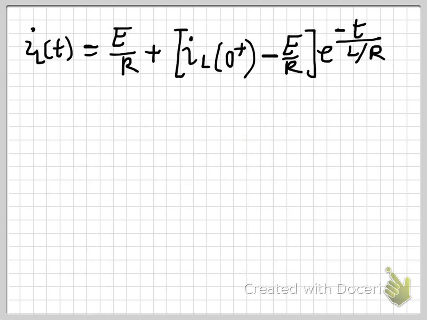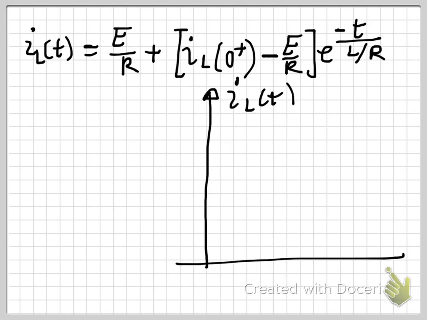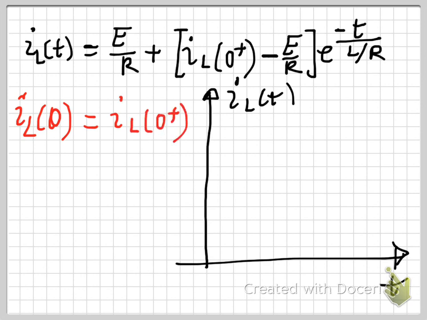Further analysis about the behavior of the inductor based on this equation. If you look at the graph of IL as a function of time on the x-axis, you will find that at t equals 0, e to the power 0 comes as 1, so the term is E over R times 1, and it leads to IL at 0 plus.